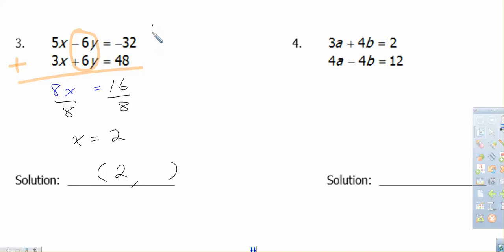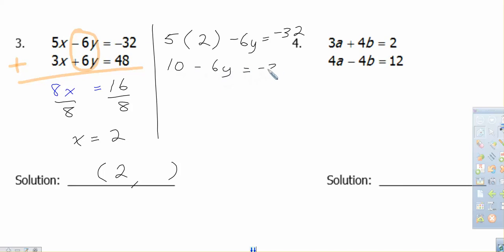Second part of this, we'll take our first equation, 5x, and I'm going to actually just go ahead and do this. 5x minus 6y equals negative 32. So I'm taking that first equation, but I'm substituting in the answer I found. Multiplying that, that's 10 minus 6y equals negative 32. Now our job is just to solve for y, subtracting 10.